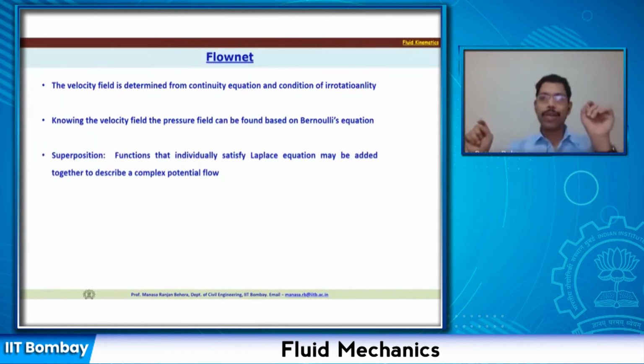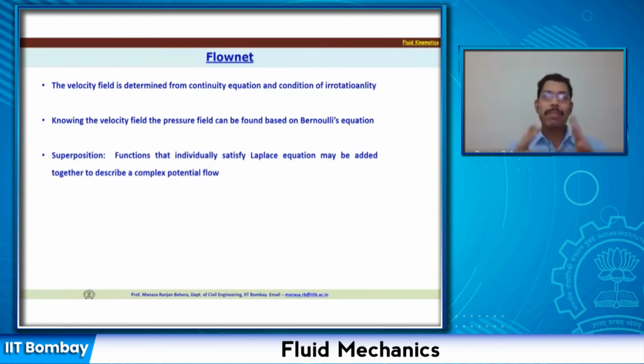So if I know the pressure and velocity at one point, and I know the velocity at another point, I can find out the pressure at that point. Vice versa, if we know the velocity field all through, then it's easier to derive the pressure field. So from the psi function and phi function, we can find out the velocity fields, and we can derive the pressure field based on that.